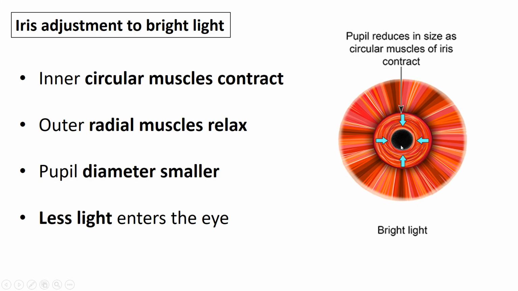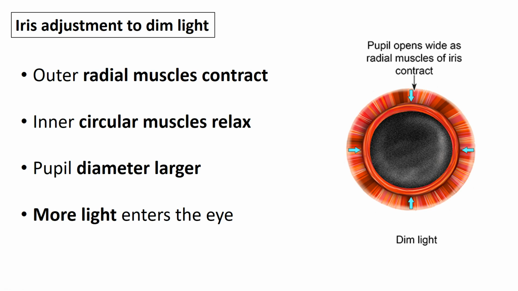As long as you remember circular contract, radial relax, smaller diameter, less light, hopefully you'll remember that. That's what happens when there's really bright light around. When there's dim light, when there isn't enough light, you're trying to see more. So the opposite happens. The radial muscles contract, the circular muscles relax, and the pupil diameter gets larger. So that means that more light enters the eye.